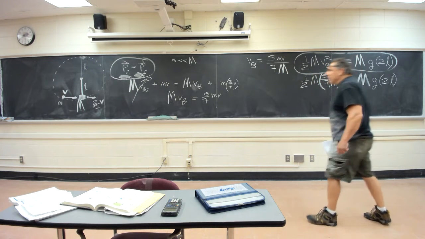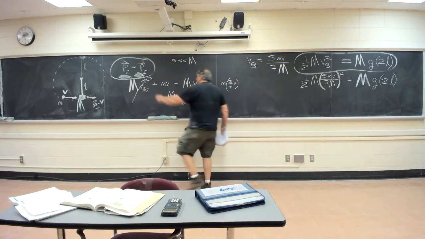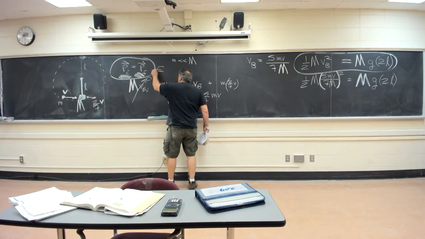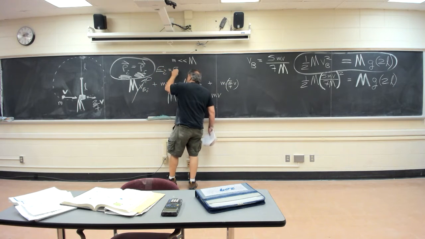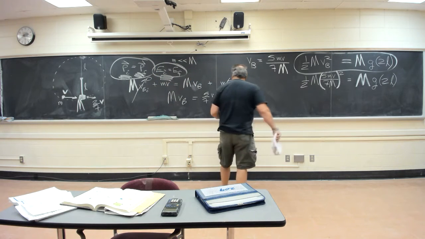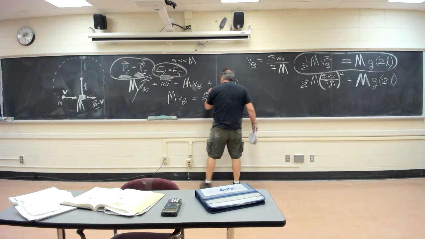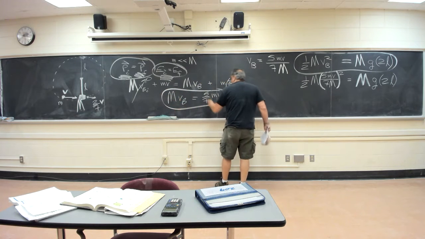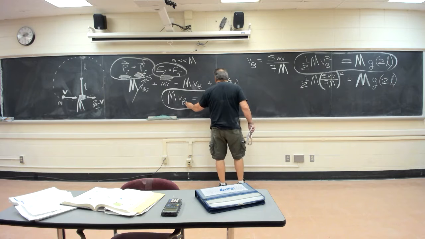We did have to indeed remember that momentum is conserved and energy is conserved. We used conservation of momentum to get to here, and then we solved for V sub B. V sub B is V of the block.